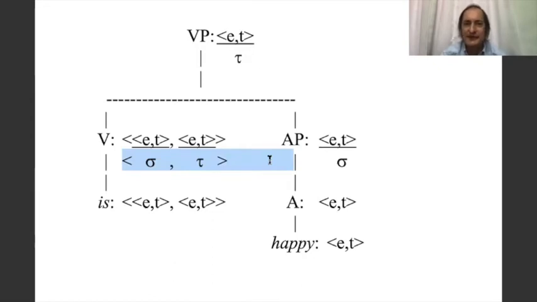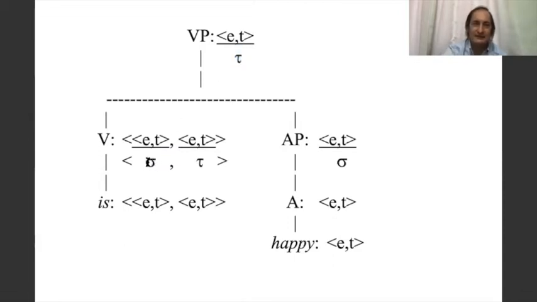Because when we defined function application, we used sigma and tau as our variables. And we said one thing is of type sigma tau and the other is of type sigma. When that happens, we can combine the two together and we get something else of type tau.